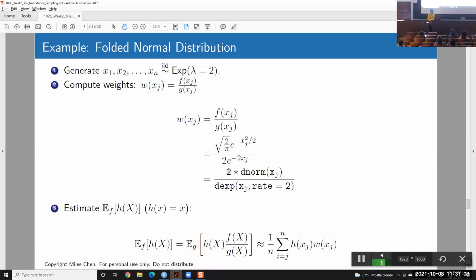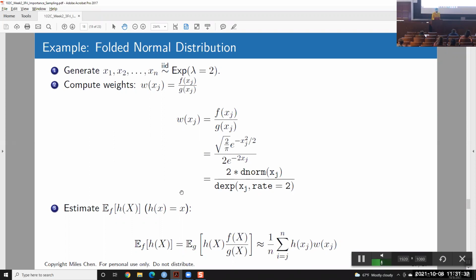Using the computer, this is made very easy because we have the PDF functions. The computer is able to give me the PDF of the normal distribution, and also the PDF of the exponential distribution. So I just have to do dnorm, that's the density, multiplied by 2, and I take dexp and say rate is equal to 2.